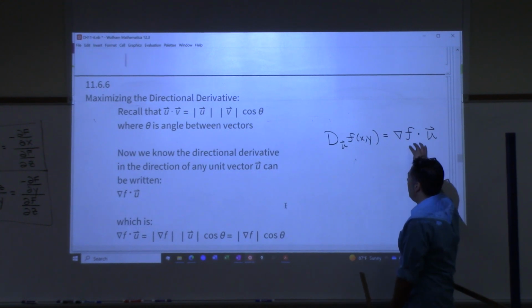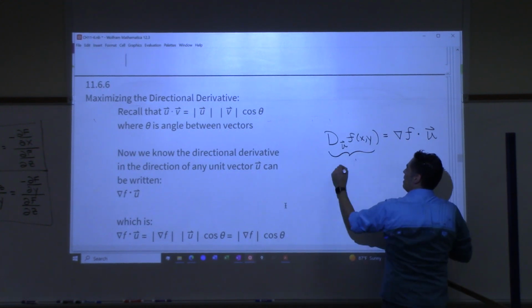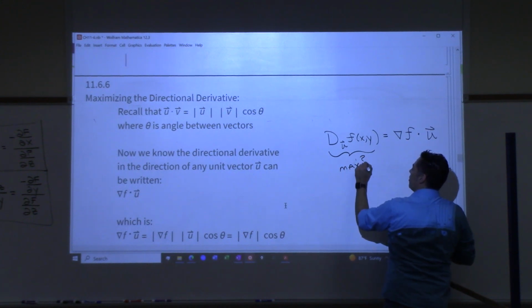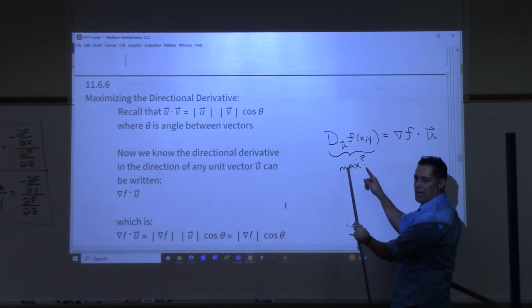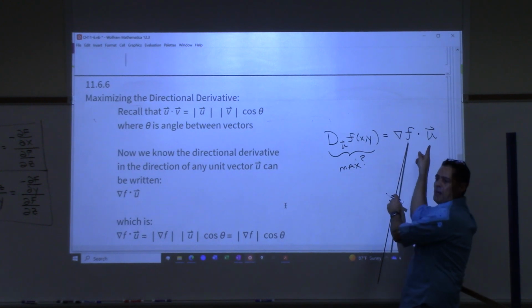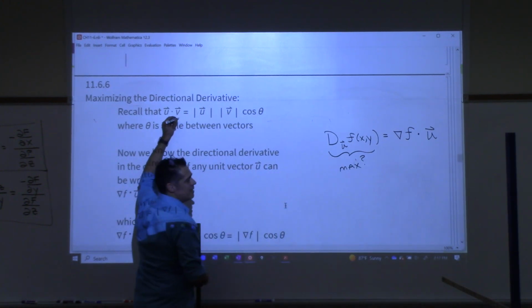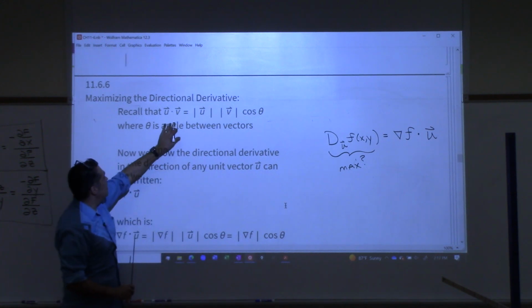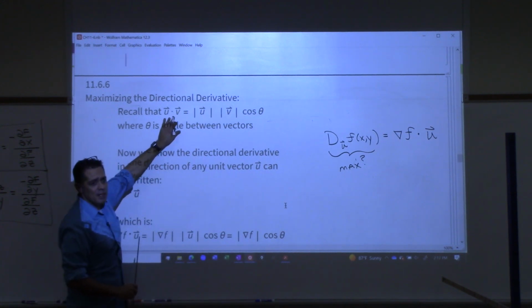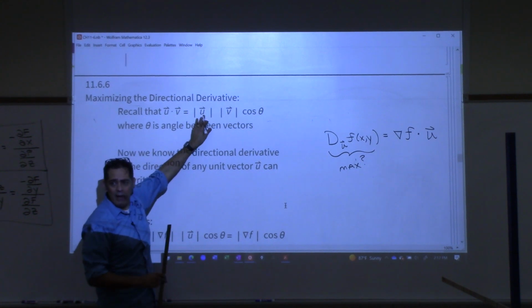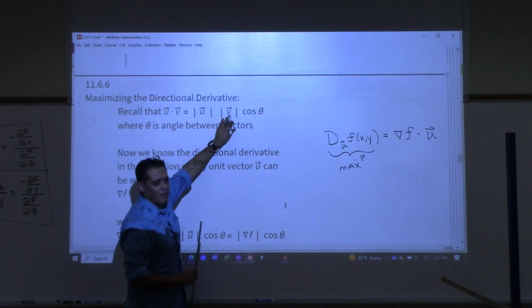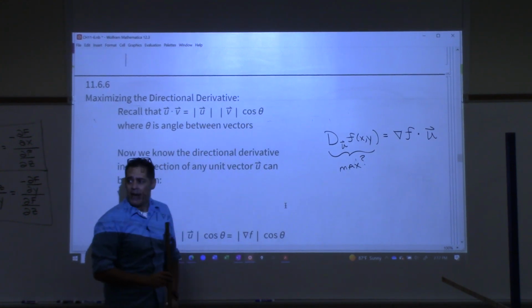But because of this definition, if we want to figure out when does this have a maximum value, right? When is that the biggest it can be, then I want to know when that's as big as it can be, right? But if you look back at dot products way back in the day, we had a formula for dot products that said the dot product is always equal to the magnitude of the u vector times the magnitude of the v vector times cosine of the angle between the vectors.